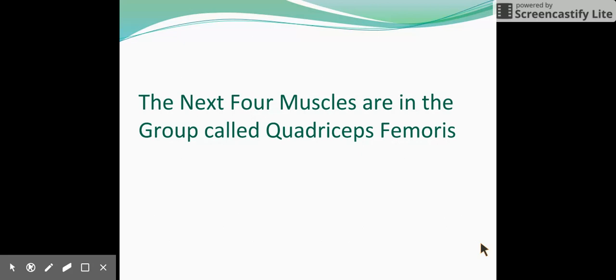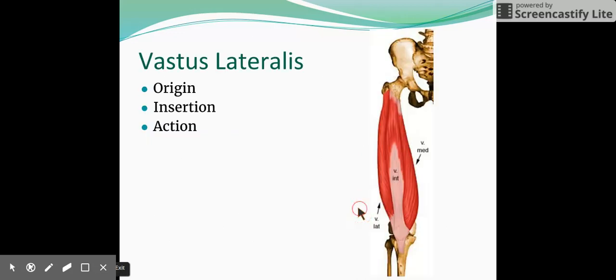So the next 4 muscles are going to be part of the quadriceps femoris muscle group. This is probably more familiar to you as quads. So if you've ever heard that before, that's what we're talking about. We're going to start with the vastus lateralis.